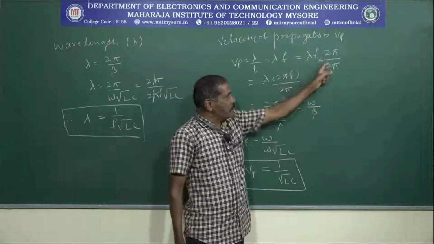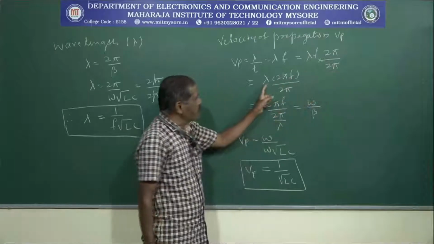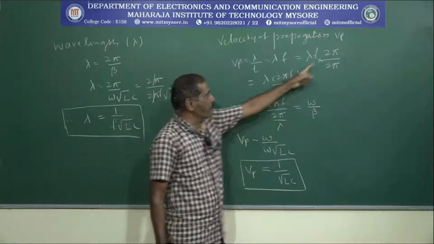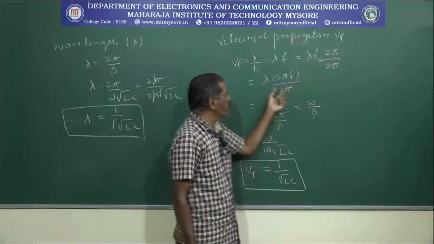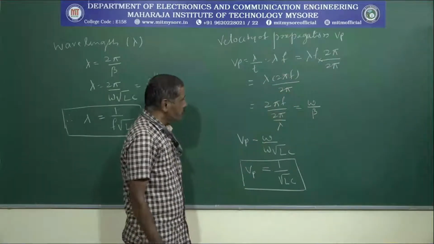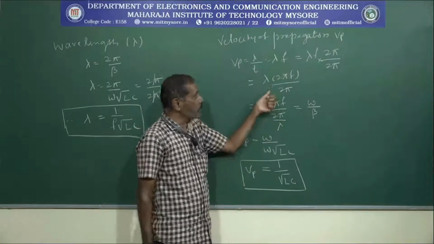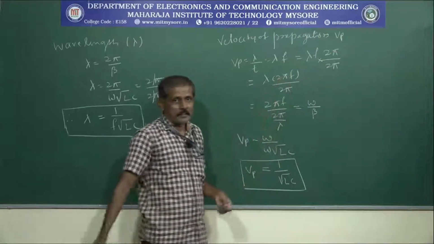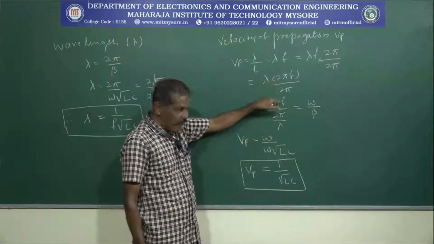Now, once we divide and multiply by 2 pi, readjust these terms. If I rewrite these terms, it becomes lambda into 2 pi f divided by 2 pi. Then divide this equation by lambda.